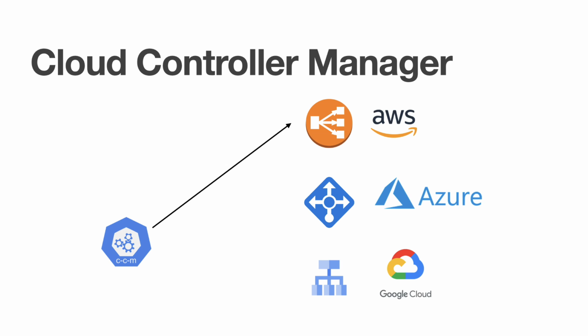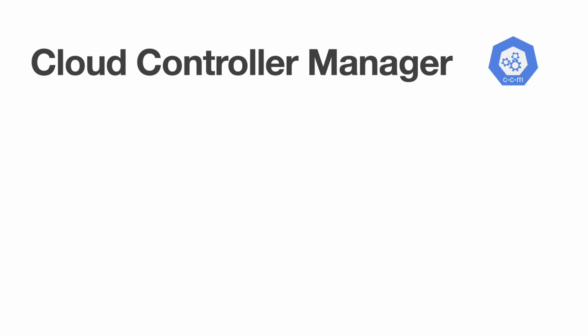If you're running within Azure, then it creates the equivalent, but using the Azure Cloud API. The same for Google Cloud. So you see that the Cloud Controller Manager is responsible for interacting with the underlying cloud provider API. You've seen how it does it for load balancers, but it's the same with storage or instances.